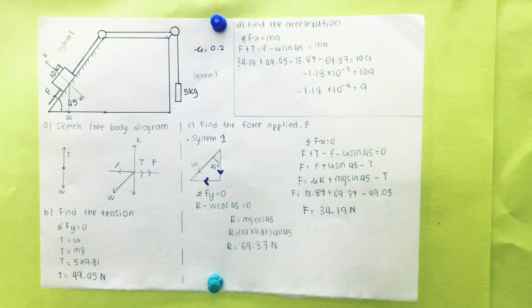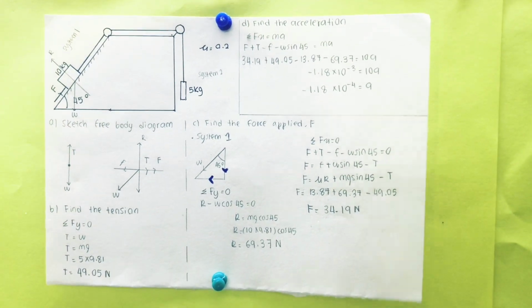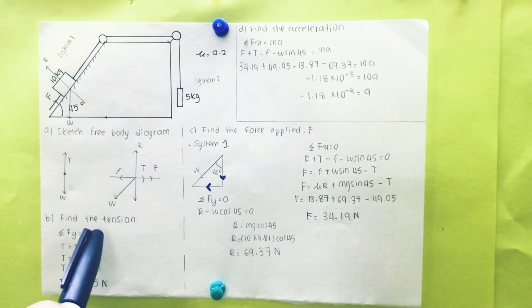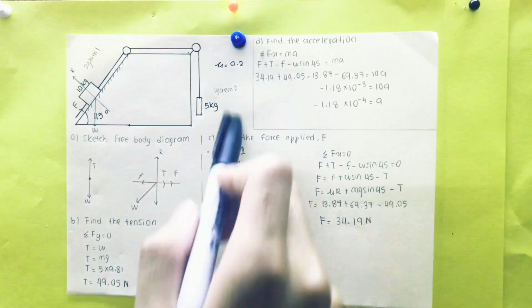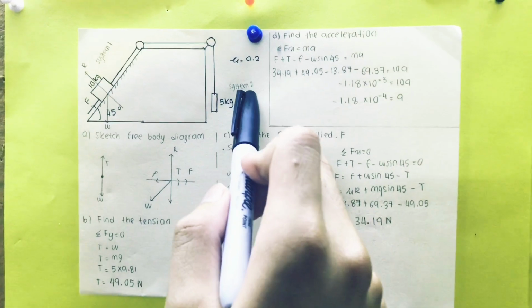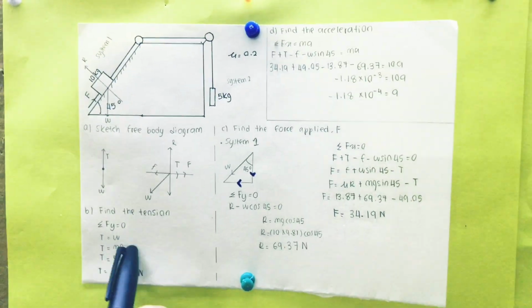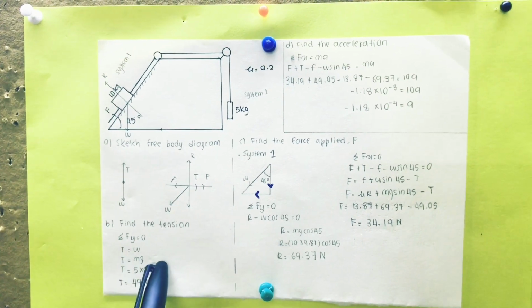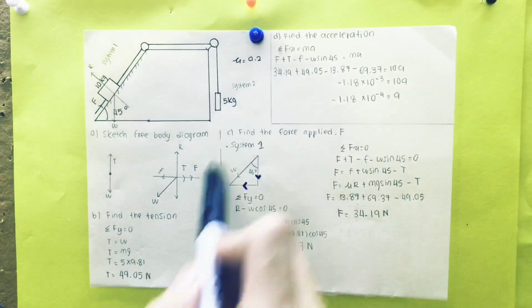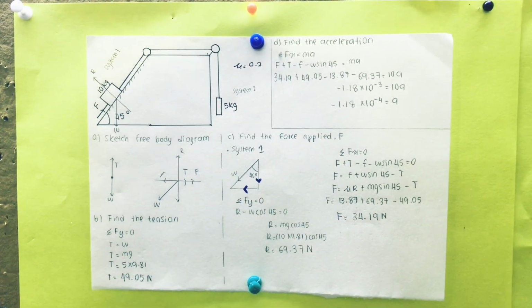Next, to find the tension, we must use the summation of Fy equal to 0. We use system 2. So T equal to W, and T equal to mg, where the mass is 5 kg and the gravity is 9.81.